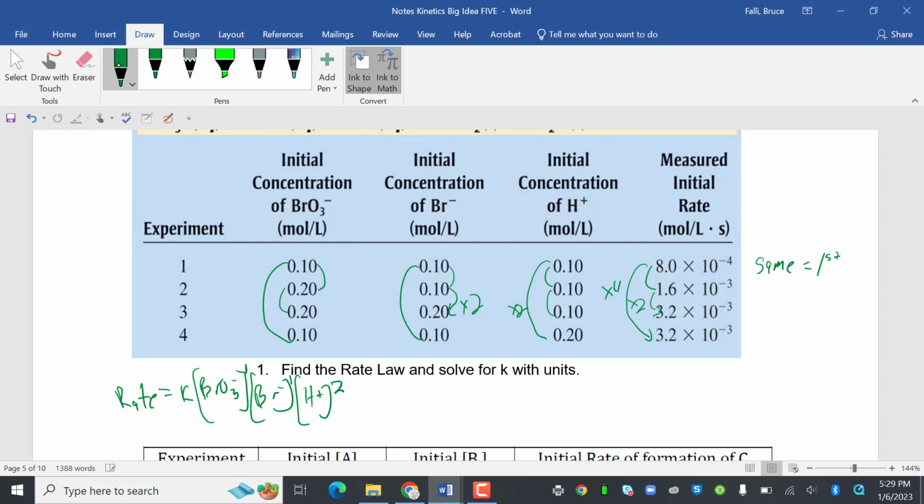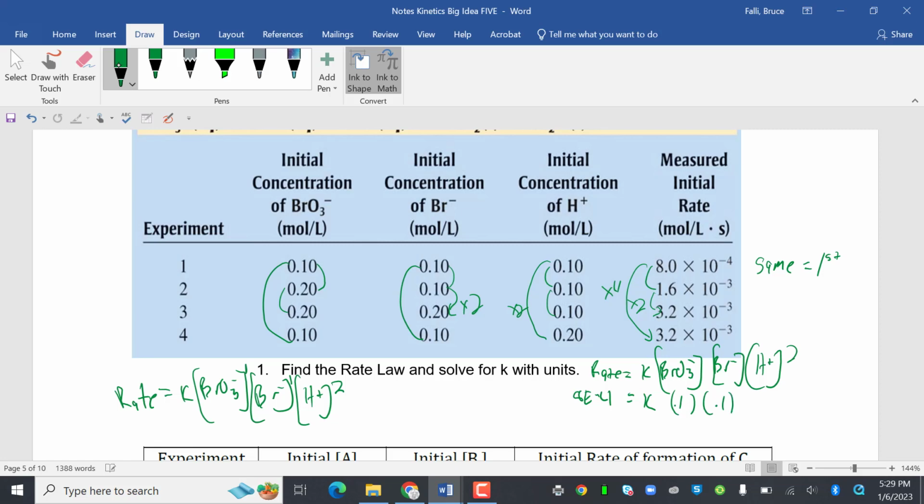Okay. Find the rate law and solve for K with units. So I'm going to use that first one again. I'm going to write rate equals K BrO3 negative, Br negative, H positive squared. Plug in those numbers. 8E negative 4 equals K, which is what I'm solving for. BrO3 negative is 0.1.